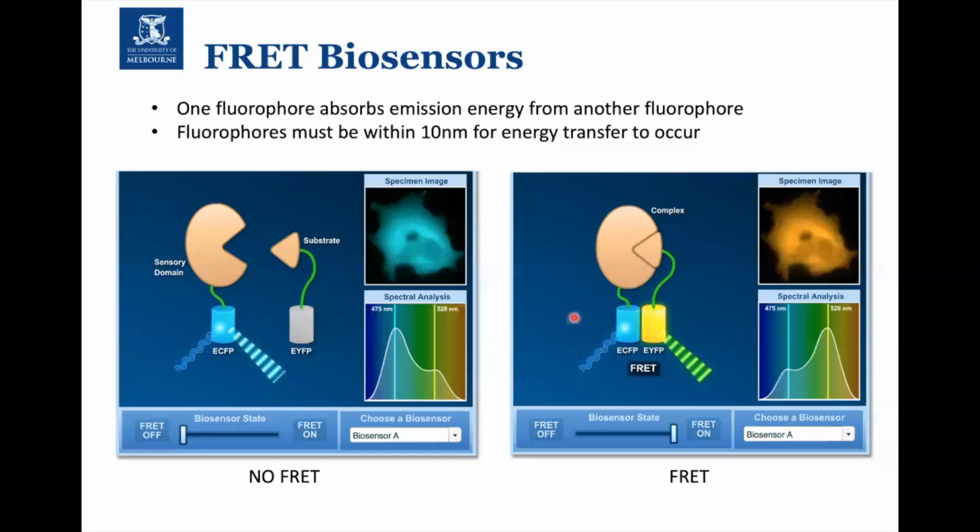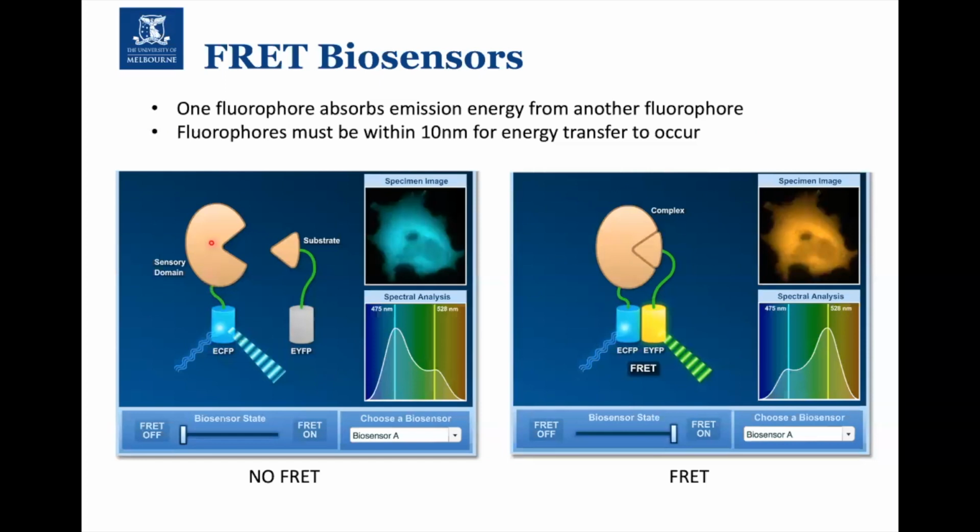One other common use of fluorescent proteins are in what we call FRET biosensors. So that's Förster resonance energy transfer, or fluorescence resonance energy transfer. In this case, again, we're looking very often at protein-protein interactions. So two fluorescent molecules that are regularly used for this are enhanced cyan fluorescent protein and an enhanced YFP, so yellow fluorescent protein.